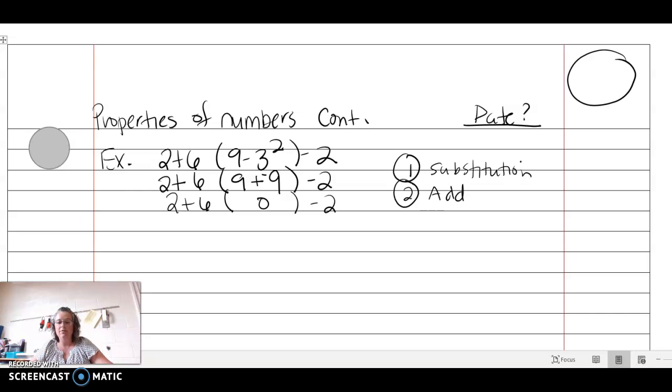I'll put additive inverse. Okay, now we have nothing to do in the grouping symbol, but I do have some multiplying. 6 times 0. So I have 2 plus 6 times 0, which is 0, minus 2. And when you multiply by 0, that is your multiplicative property of 0.